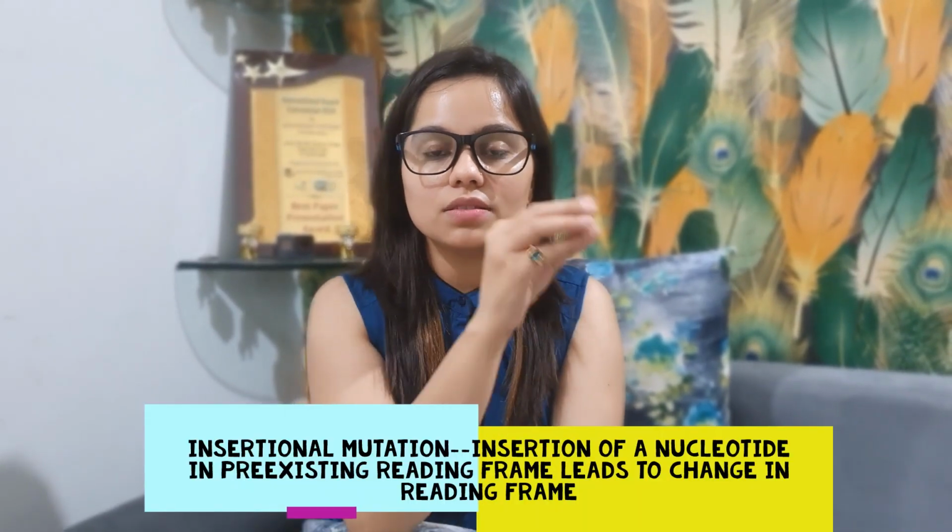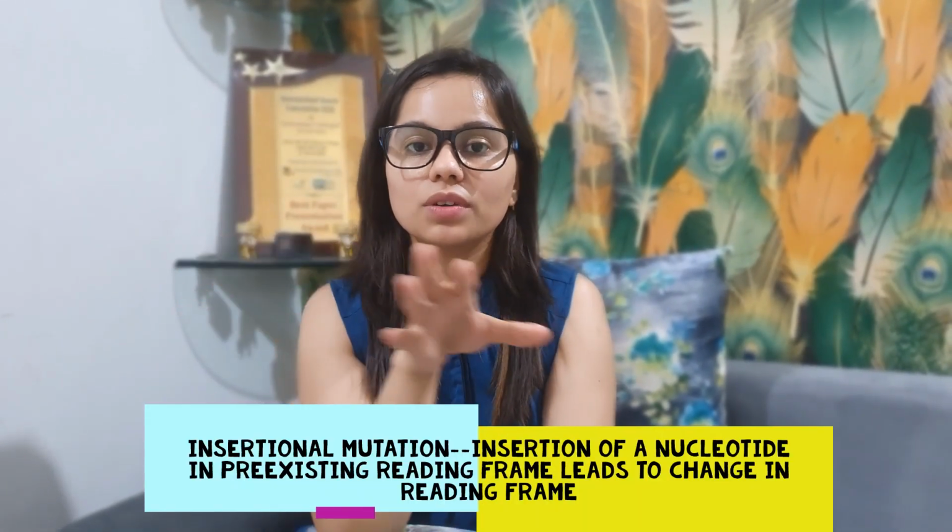So earlier the sequence was AGA, but now because of this addition of one more nucleotide base, it can be read as AGGA. Such changes will be termed insertion mutation. It means that because of the insertion of one nucleotide base, the sequence can now be read in a different manner, and that may also lead to a change in the reading frame and a change in the protein formation and other processes.